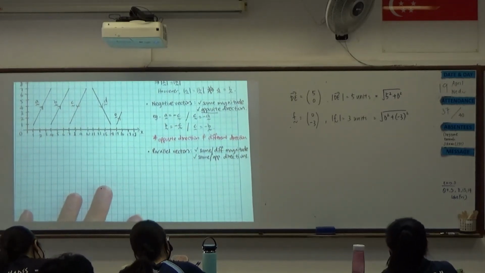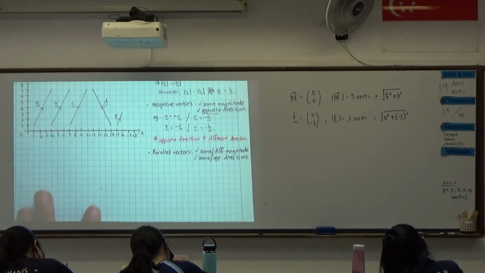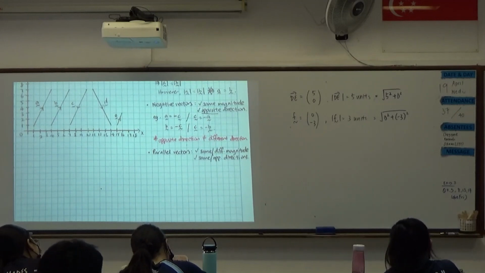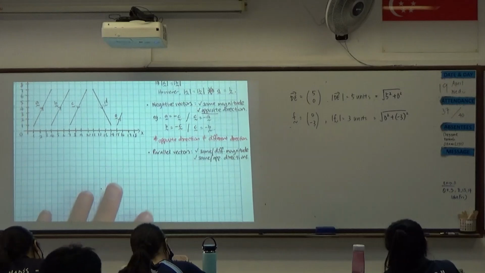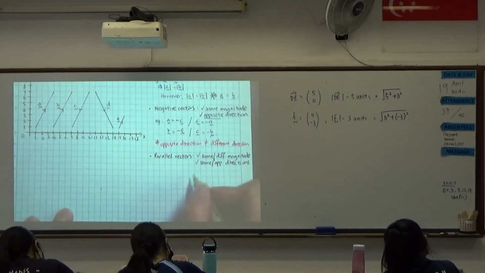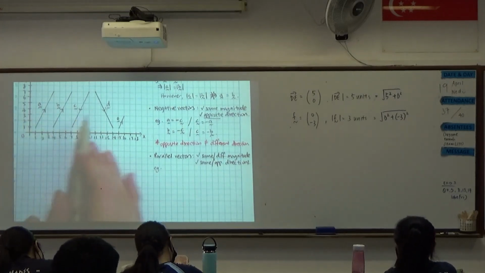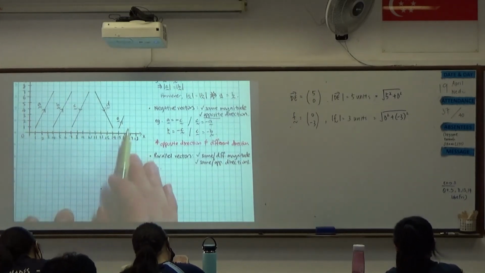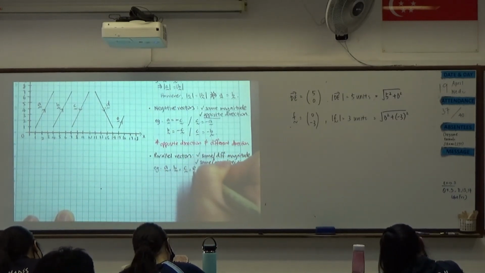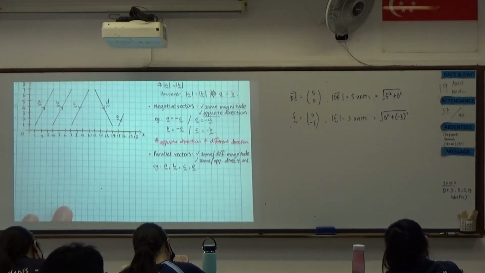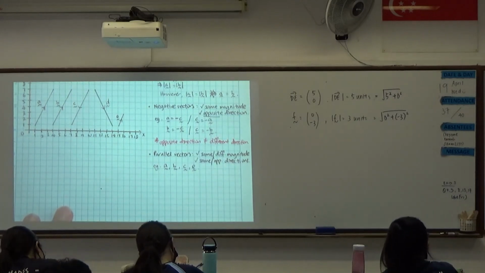So when it comes to parallel vectors, the magnitude really doesn't matter at all. So long as you are able to recognize that they are parallel line segments, they are considered parallel vectors already. So as an example, with reference to this diagram, we can tell that A, B, C, and E, they are actually all considered parallel vectors. D is clearly not parallel to any of them at all.